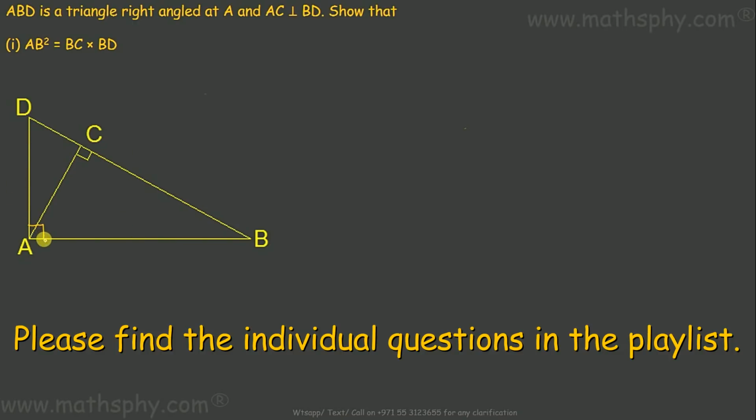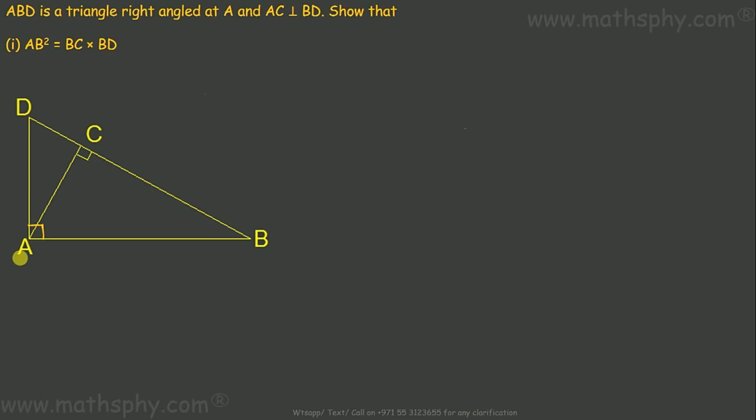A here is right angle, and as per the theorem, when we draw a perpendicular from the right angle on the hypotenuse, that perpendicular gives two triangles on both the sides. Those two triangles are similar to each other and similar to the whole triangle, the big one also.